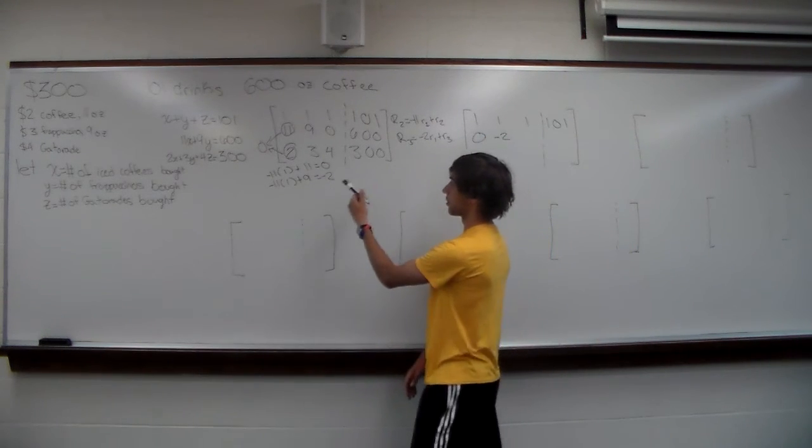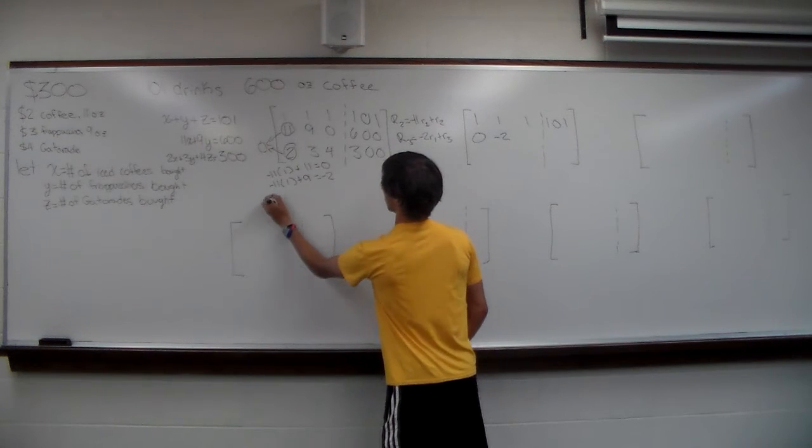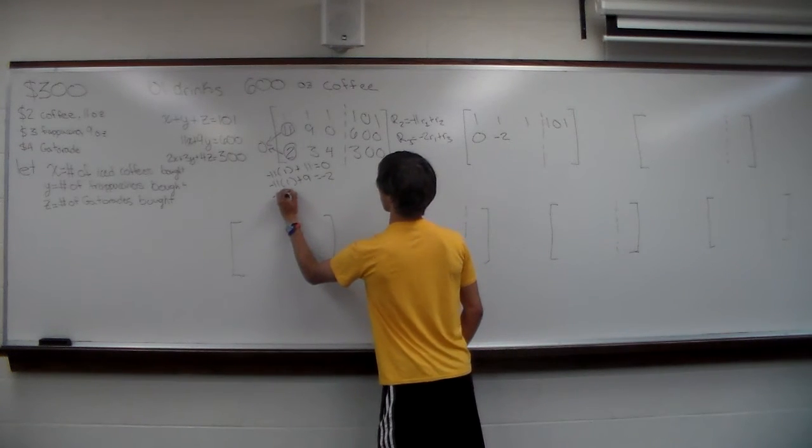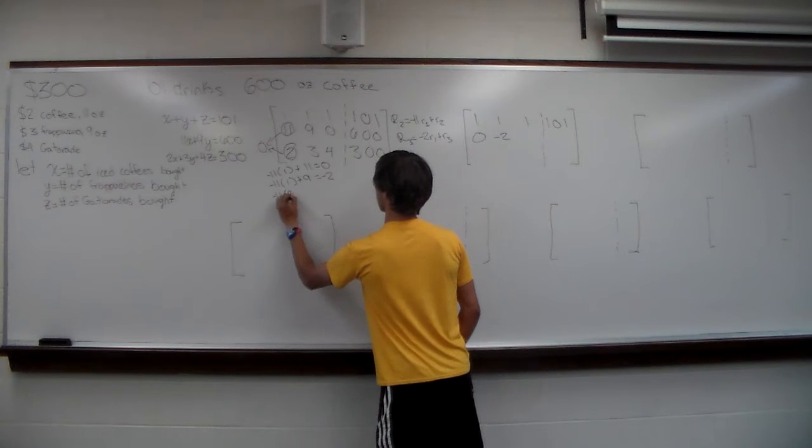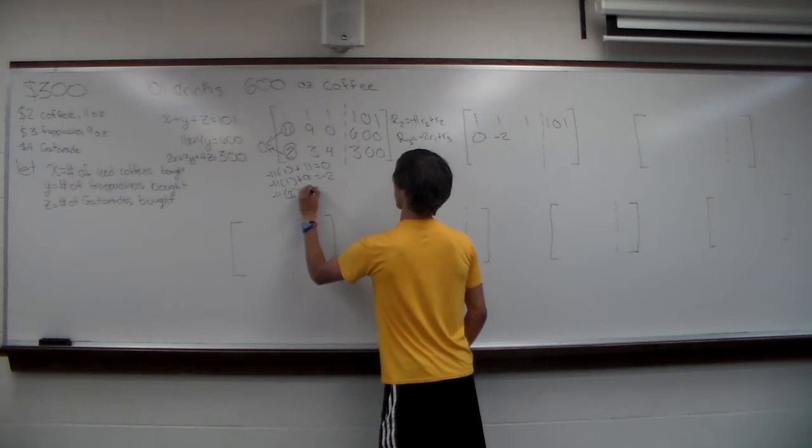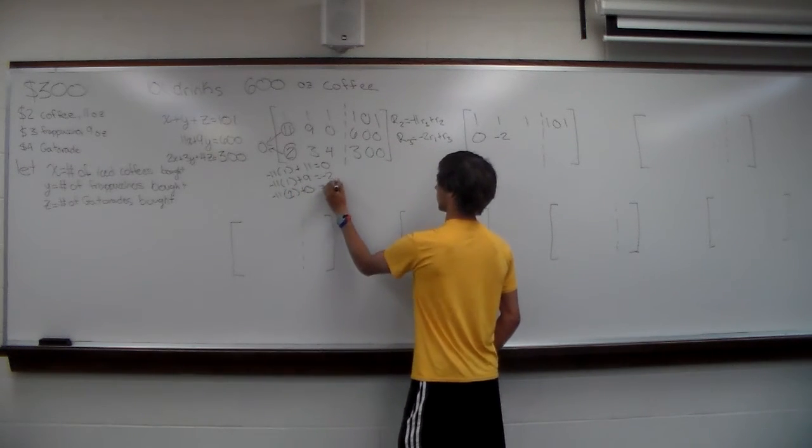And doing the same thing with the third column, negative 11 times 1 plus 0 equals negative 11.